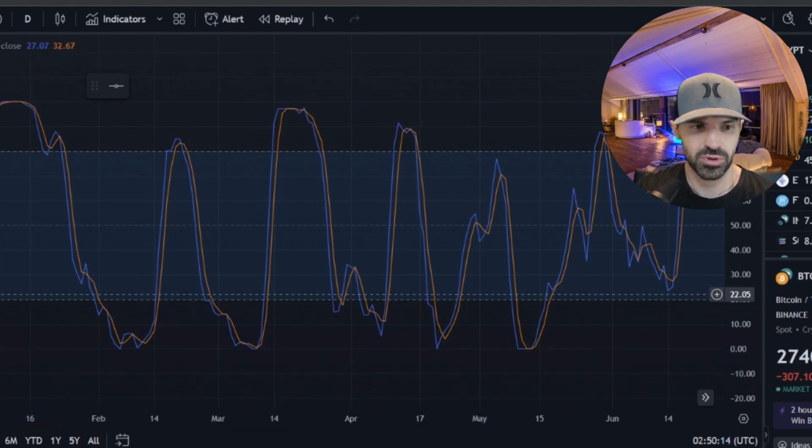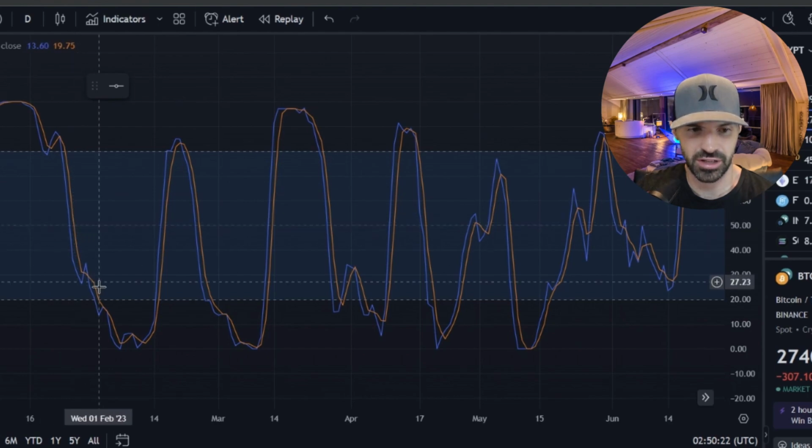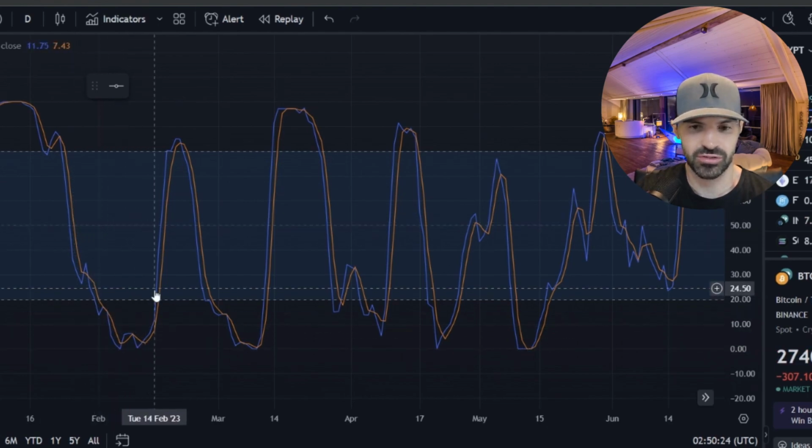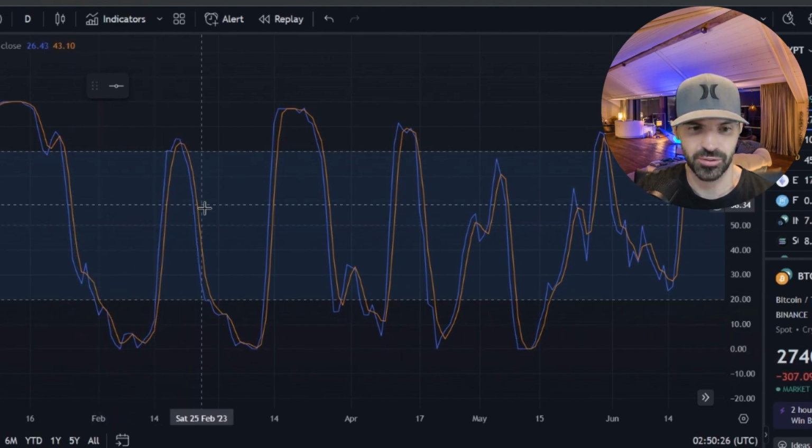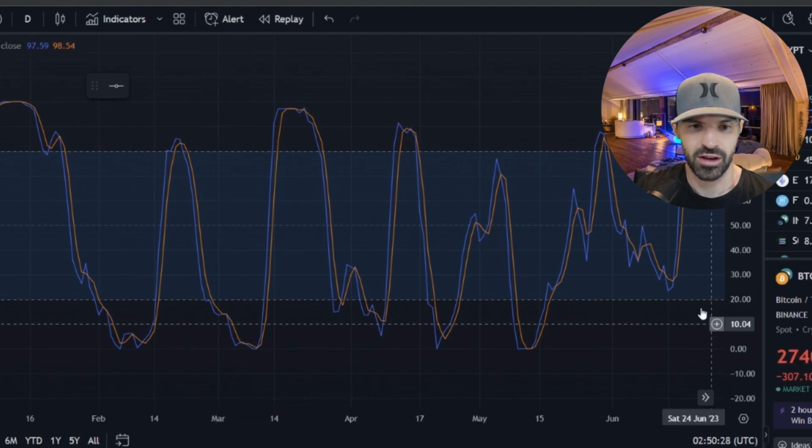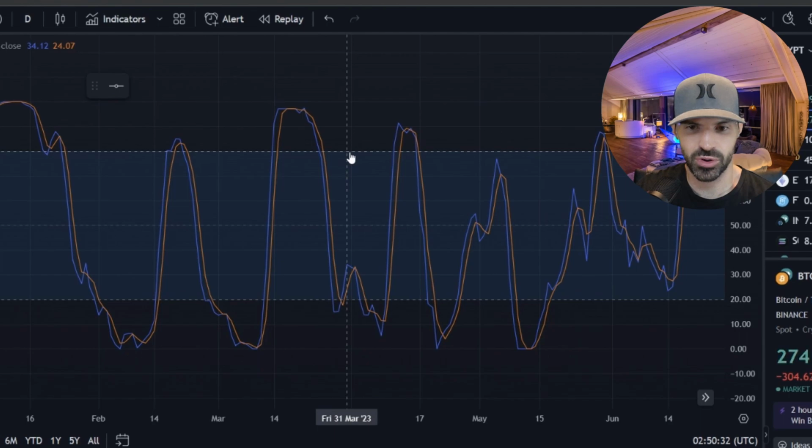So as we're looking at the chart here, it's also an oscillator like the relative strength index, so it ranges from 0 to 100. And then you have these 2 dotted lines here, one at 80 and the other one at 20.